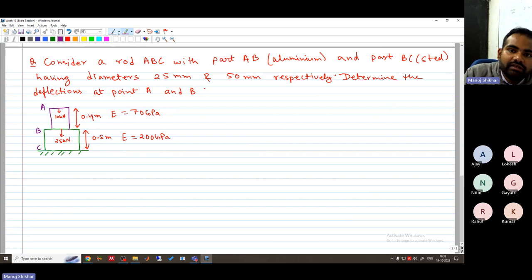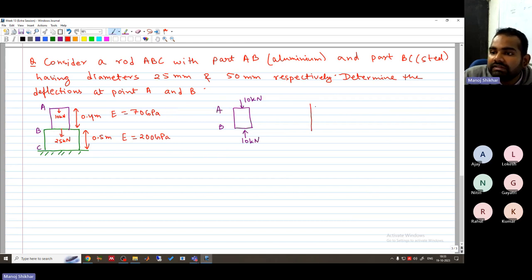Now, this question has been asked in GATE also many times. So the first step is to draw the free body diagram. When you draw the free body diagram for AB, you will find that there is a compressive loading on AB of 10 kilonewton. Okay.